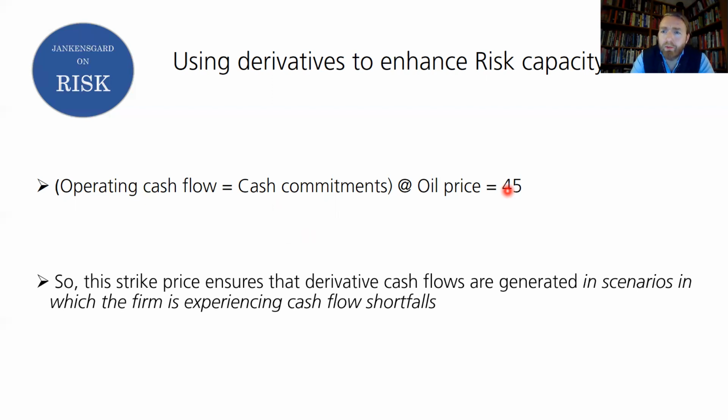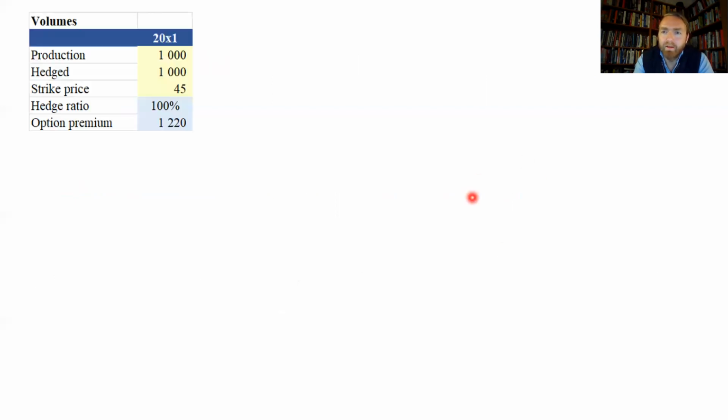We don't want surplus cash flows from these derivatives in many other scenarios, because that's just adding to cash. But there's a real cost to using derivatives as well. We want to preserve upside, etc. So we want to tailor the derivative strategy so that it yields these payouts exactly when we need it, which is given by this, which happens at that oil price.